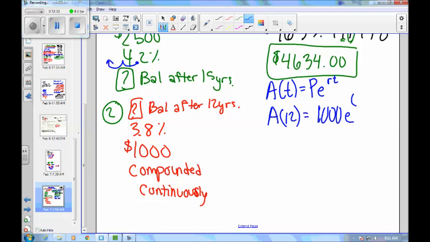The rate. Noah, what's the rate going to be? Excellent. So you move the decimal twice: 0.038. And the time we've already discussed is 12. Before typing this in, to avoid doing your exponents wrong, I would suggest multiplying those together first. Everyone multiply those together first, please.